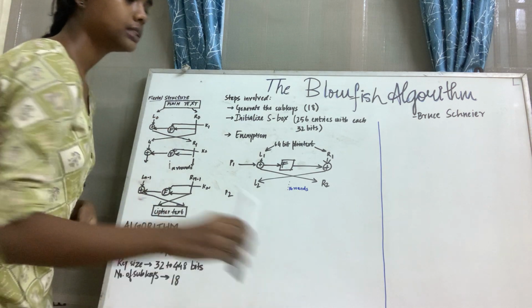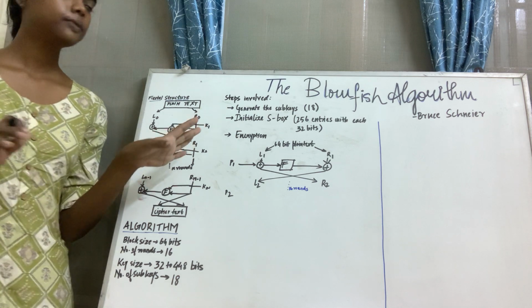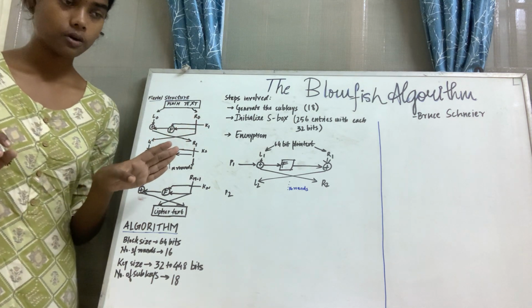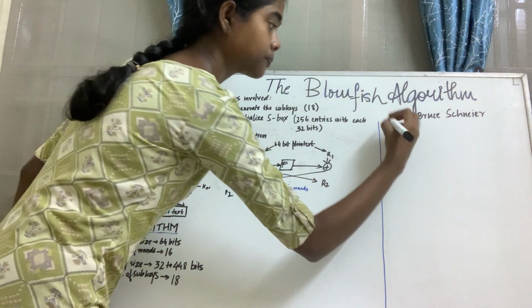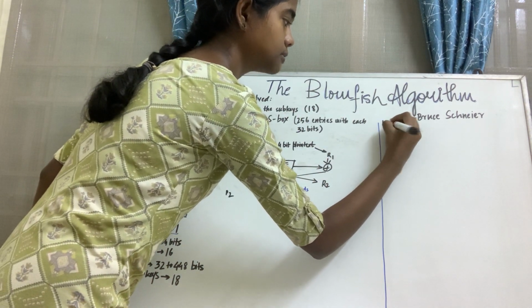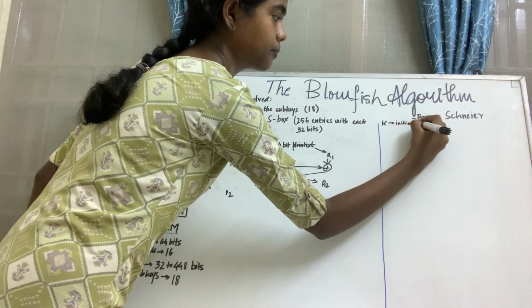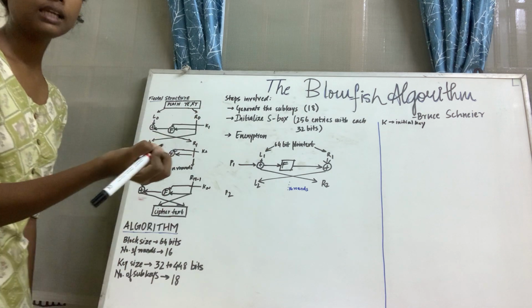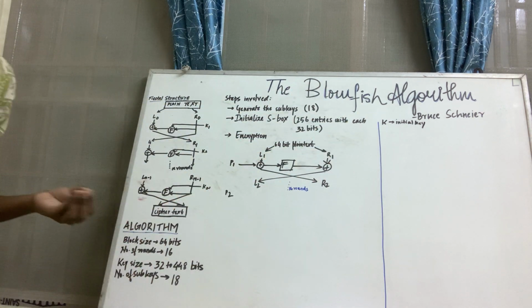Generation of subkeys is very important. We have key K, and this will be called the initial key, and using this key we will be generating the subkeys.